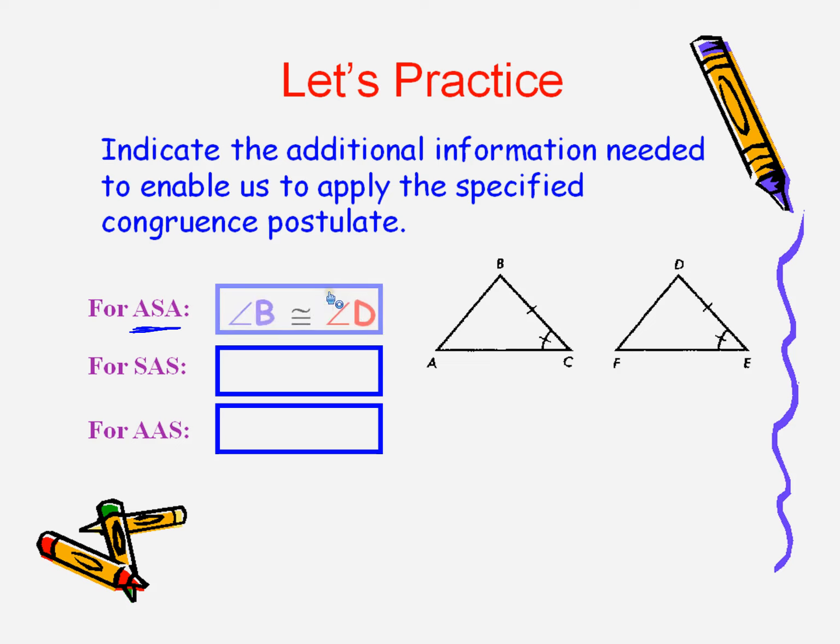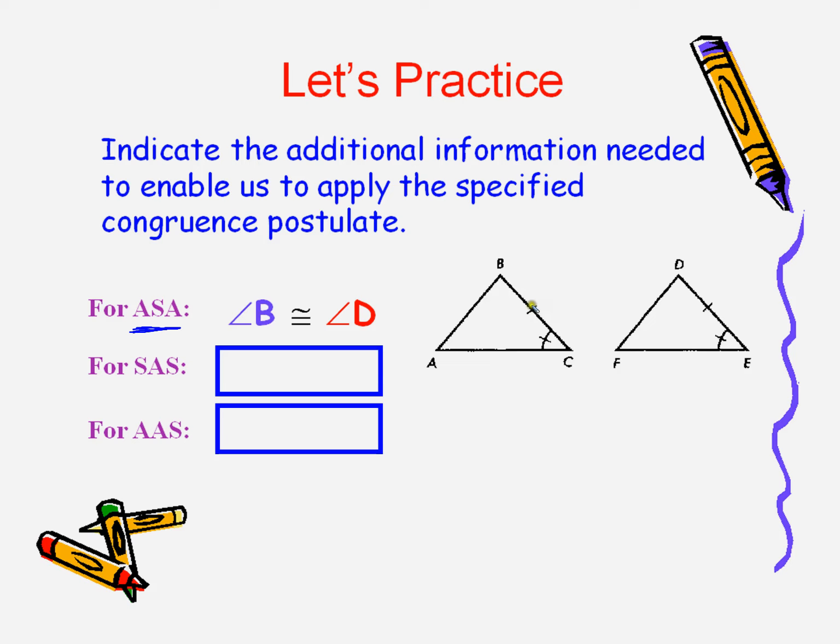And so the extra info is we would need angle B congruent to angle D, and I'll mark it here. I'm going to get rid of it pretty quickly, but now we would have angle side angle congruent to angle side angle. The next one, we want side angle side.